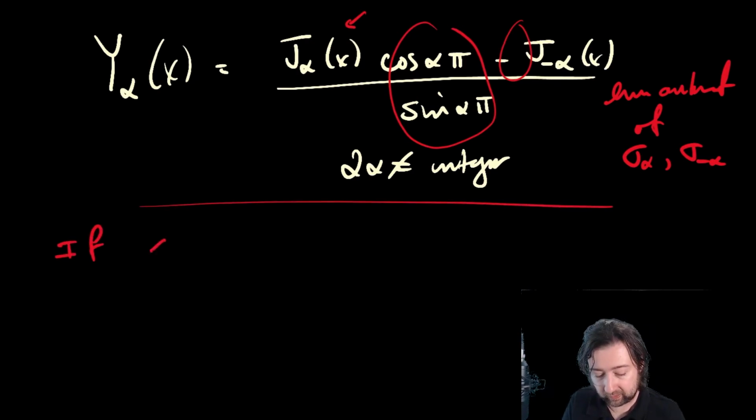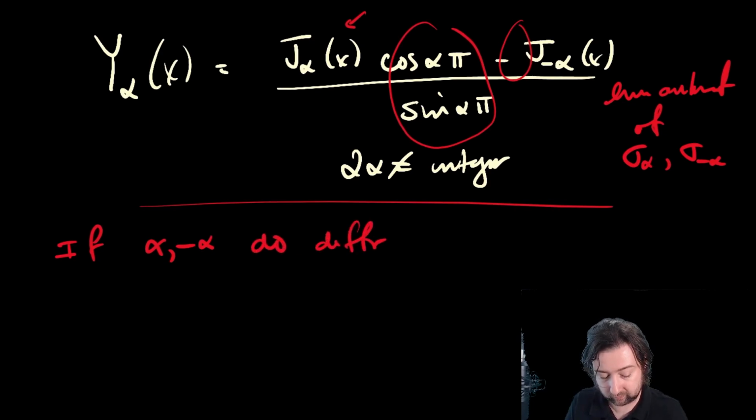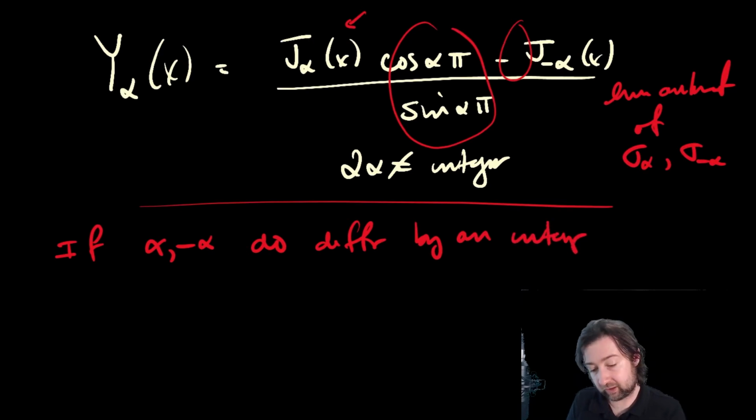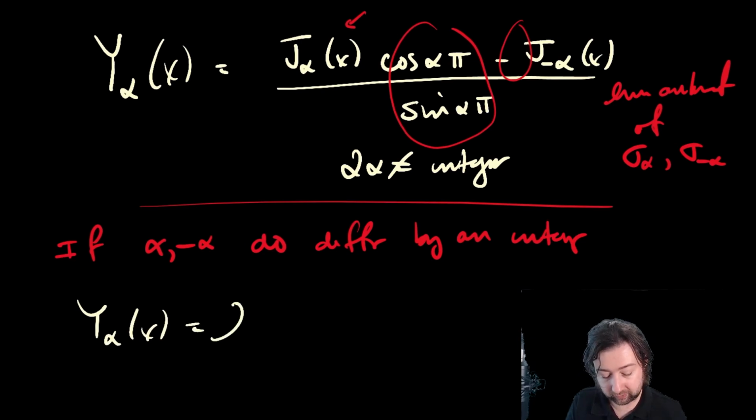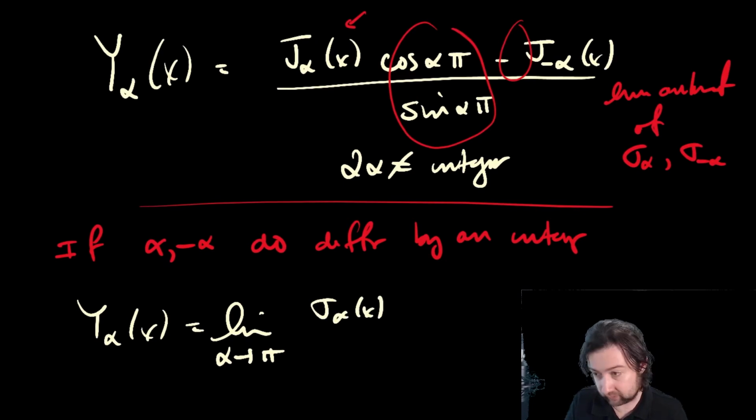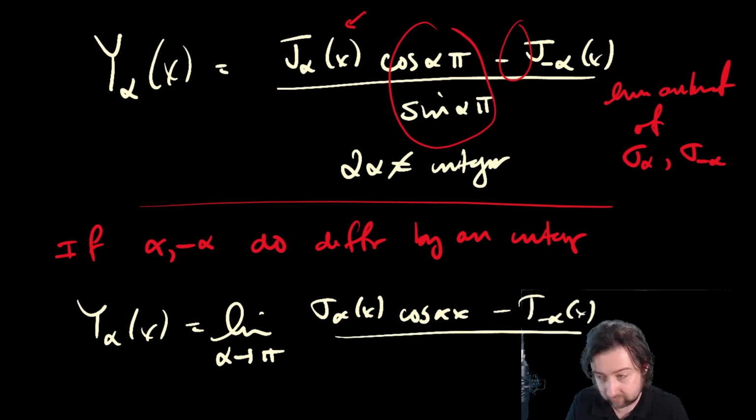If alpha and minus alpha do differ by an integer, then we can actually use the formula above to say that Y alpha of x is equal to the limit as alpha tends to pi of J alpha of x cosine of alpha pi minus J minus alpha of x over the sine of alpha pi.